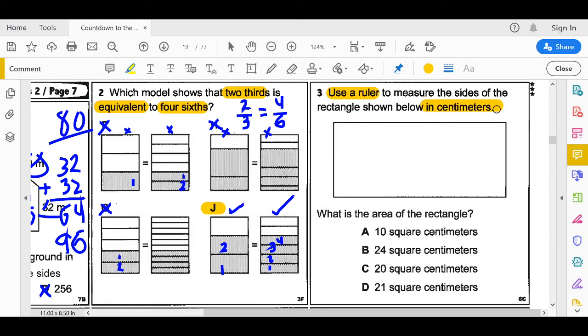If you use the inches side of the ruler, it's not going to work. Amigos, I'm not really sure if you have a ruler at home, so I already used mine on my paper, and I found that the width is 3 centimeters. So I already measured it for you in case you don't have a ruler at home.